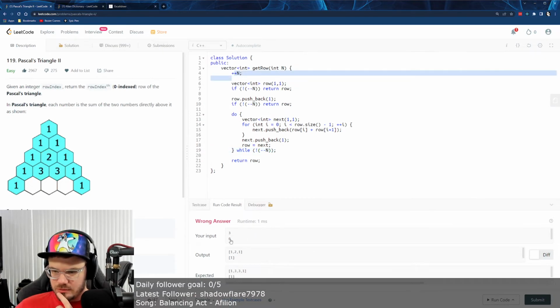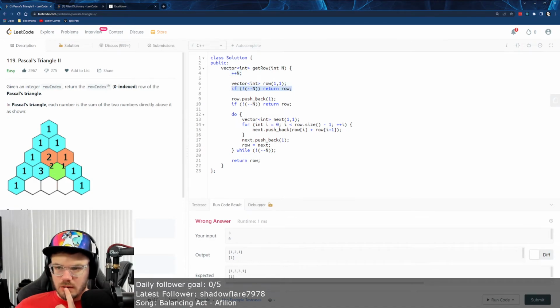If they ask, so for the case of 3, they want the 4th row, so we put it at 4. If we could decrement it and it's 0, we want to return the row.